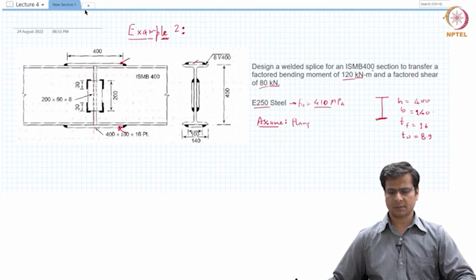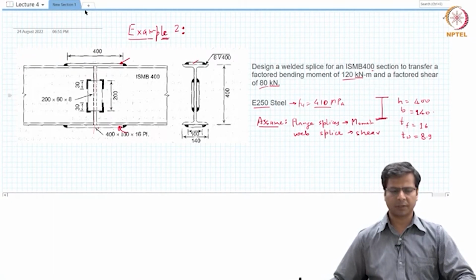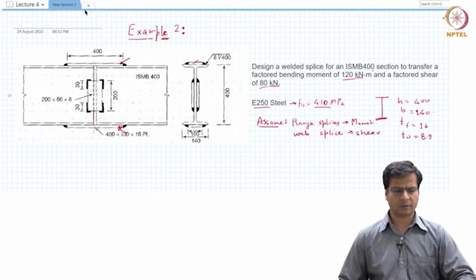Flange splices resist moment, that is bending moment, and the web splice resists the shear force. So they do not interact, and that is okay because we are not making them continuous, they are discontinuous. Near the center of the web, it will be very effective to transfer shear force. So that is a perfectly good assumption.